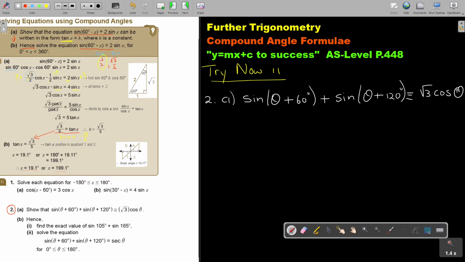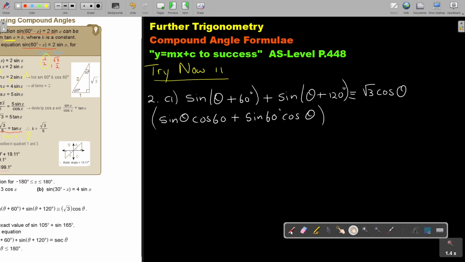Okay, so remember, this is again my compound angle, so let's just write it down. Can you recall that? So let's just start. Remember it's the sin, so it's sin theta cos 60, sign the same, plus the second one, sin 60 cos theta. Okay, so I can keep it almost first like that.